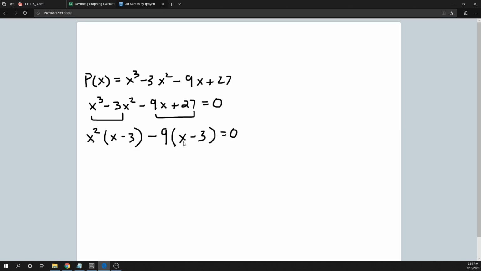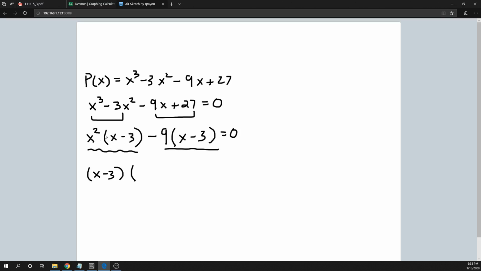That works out because these two terms are exactly the same, and that's what I need with factoring by grouping. Now I essentially have two big terms with something in common, so I pull out what they have in common, which is x minus 3.